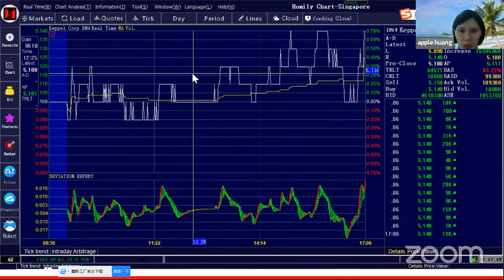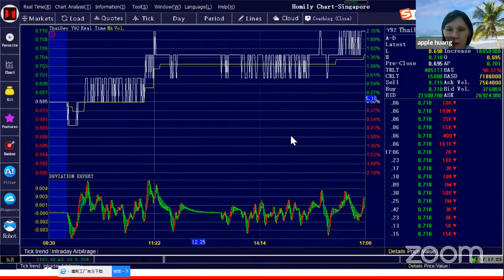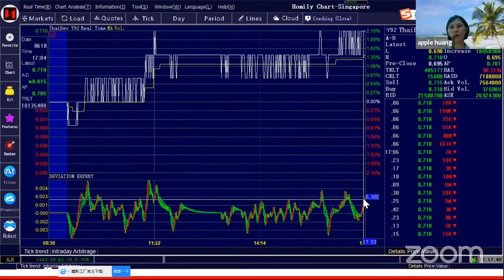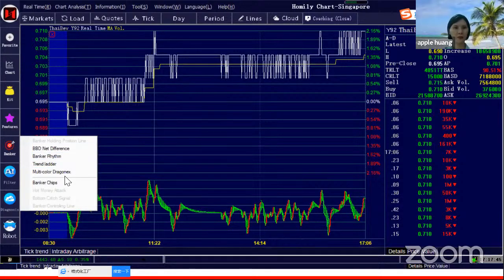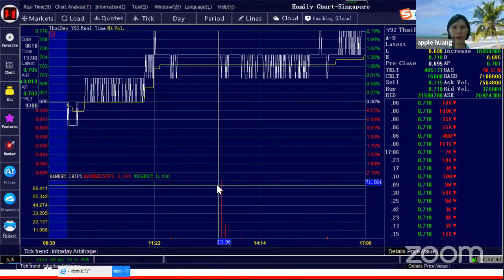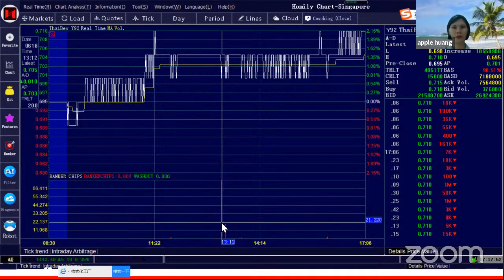You can also see Thai beverage. The last one is green. After reaching the high, it turned green. Does it have banker chip? Here there is banker chip, so there is some banker absorbing the stock.